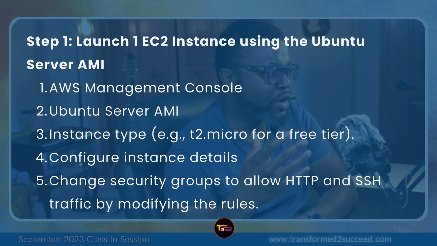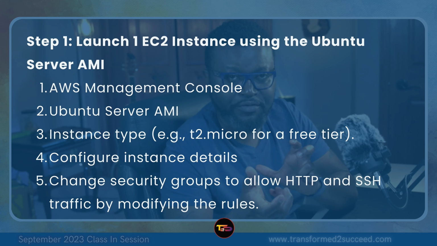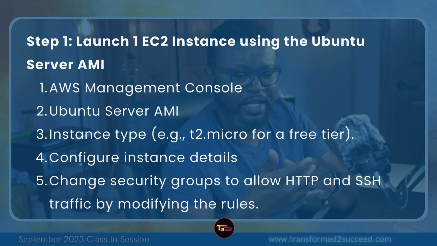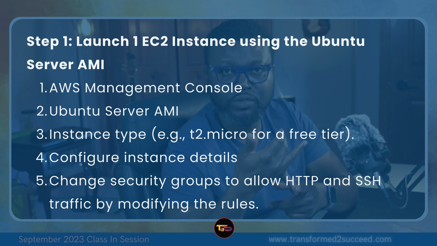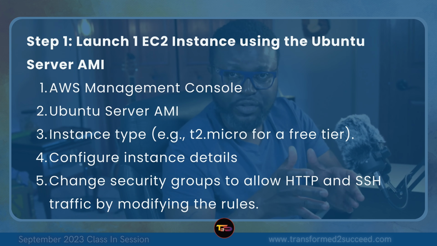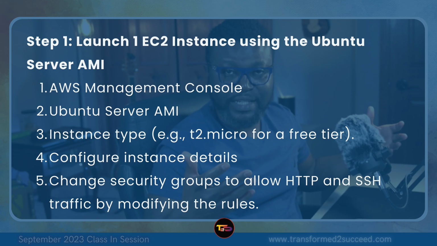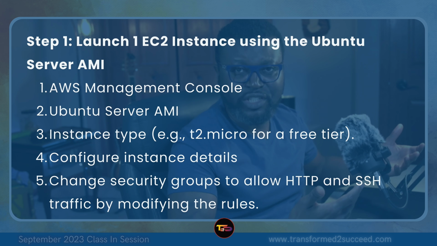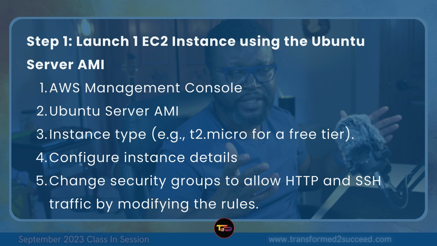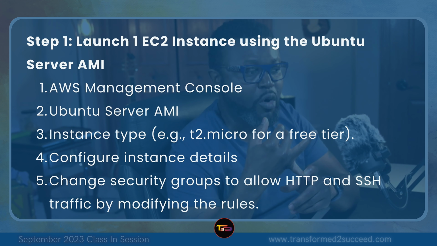And number 5, we're gonna change the security groups to allow traffic in, and the kind of traffic that we want to allow in is HTTP, because remember, we're gonna make this server a web server, meaning that clients can connect to our application from anywhere. And so that's why we need to have HTTP open.